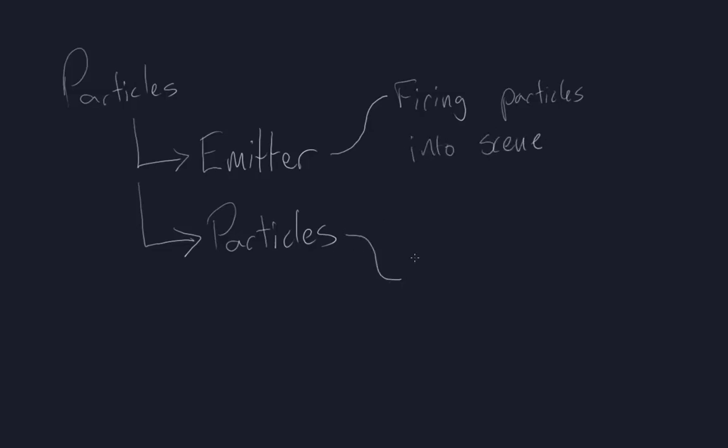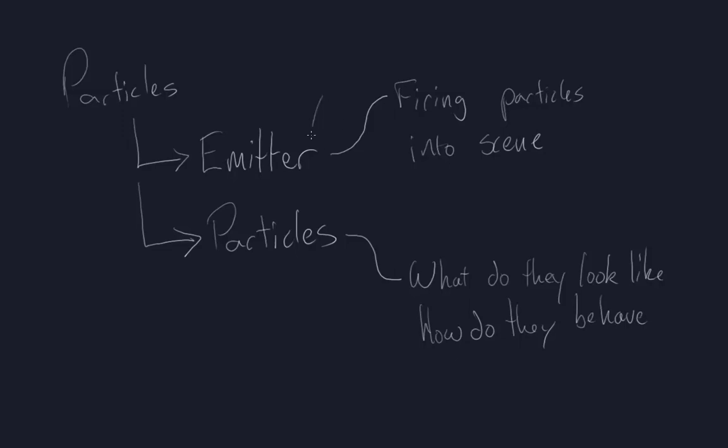The particles themselves are really concerned with several things. What do they look like? How do they behave? Basically, everything about the particles themselves is controlled in the particle node, except how they get into the scene. That's all handled here inside the emitter.